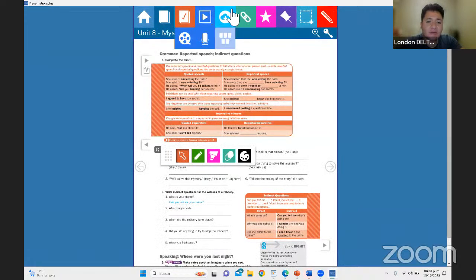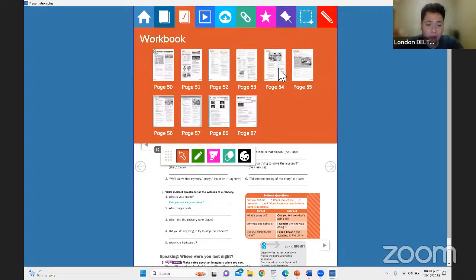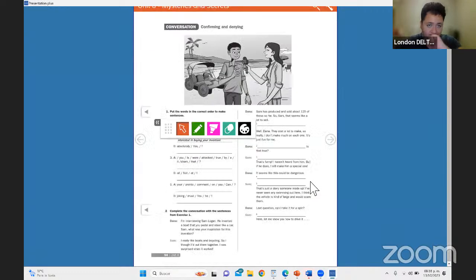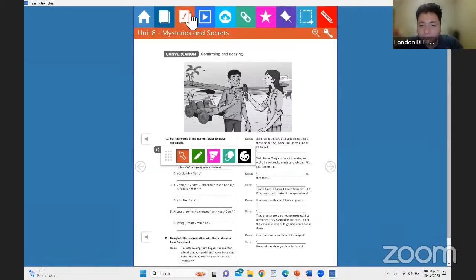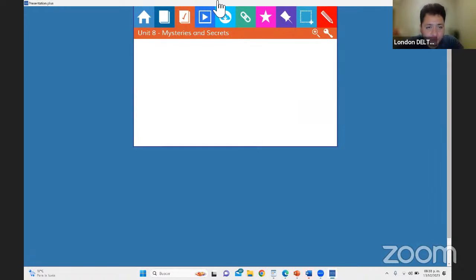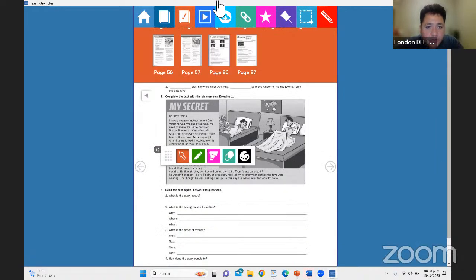So here we have a couple of exercises. We're going to make just 2 or 3 with backshift. Where is it?